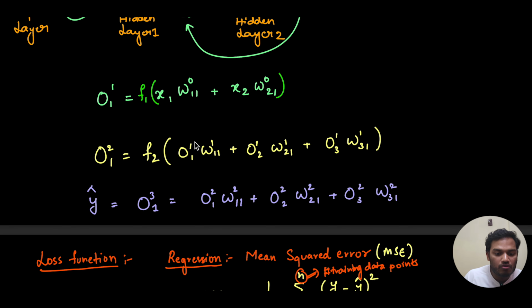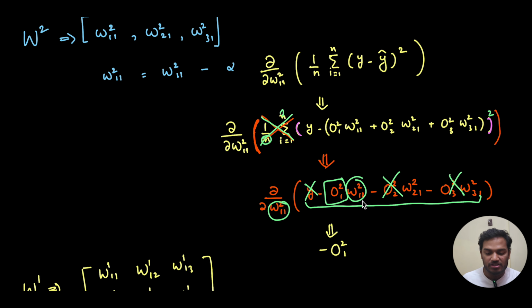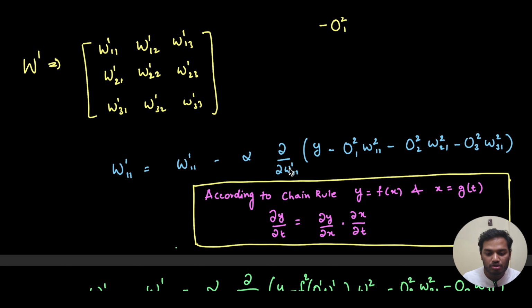O21 is F2 of O11 times W111 plus O12 times W121 plus O13 times W131. So this is the equation of O21, and that is getting multiplied with this particular W211. But here we are not able to directly see this, so that's why we need to go into this. And how we go into this, we do with the help of chain rule.